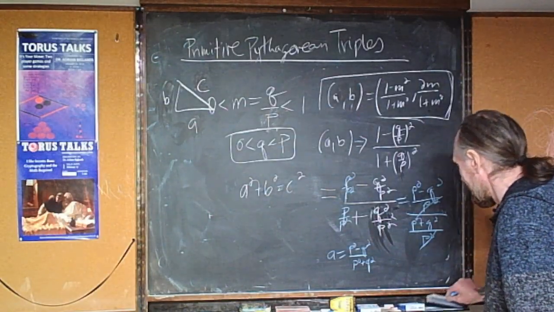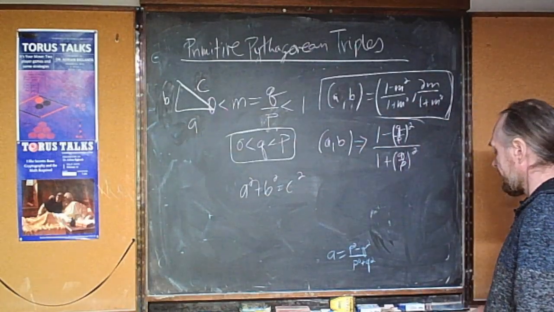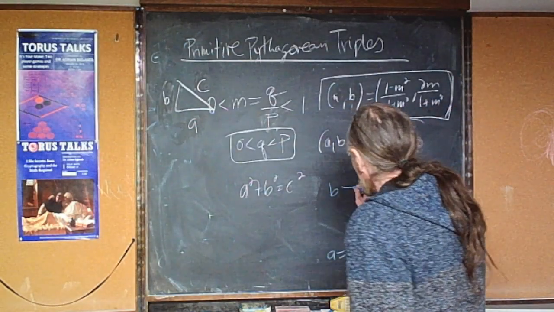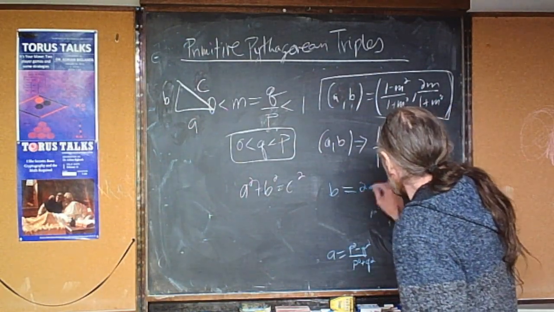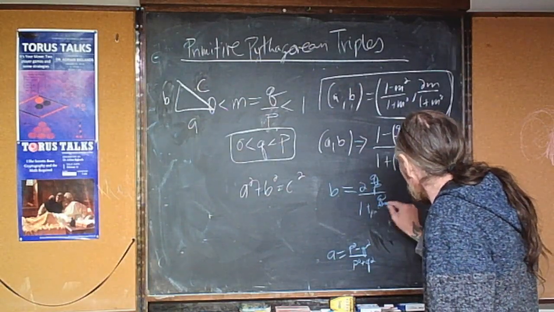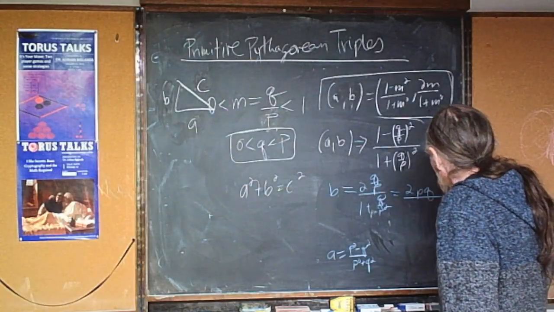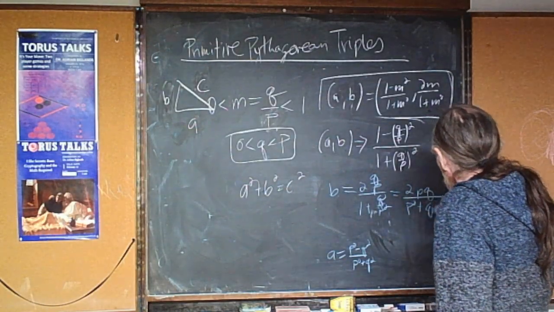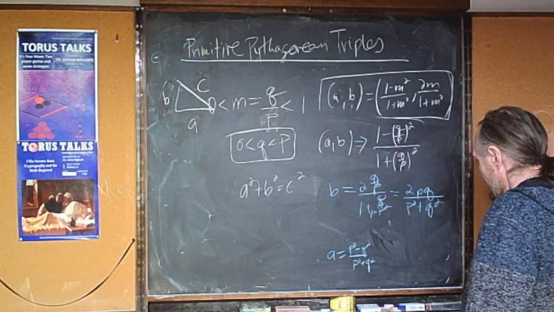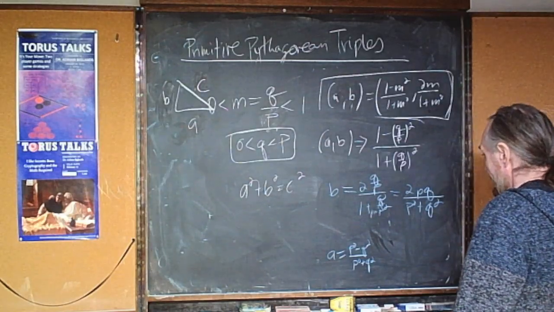And then what do I have? b is going to be equal to 2q over p, over 1 plus q squared over p squared, which is going to give me 2pq over (p squared plus q squared). And those are on the unit circle.